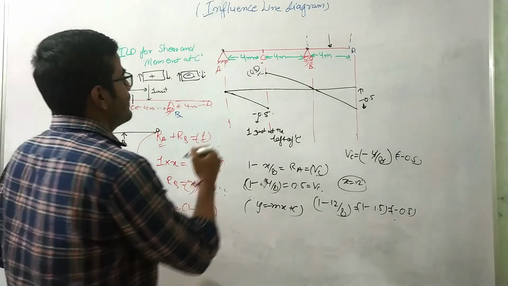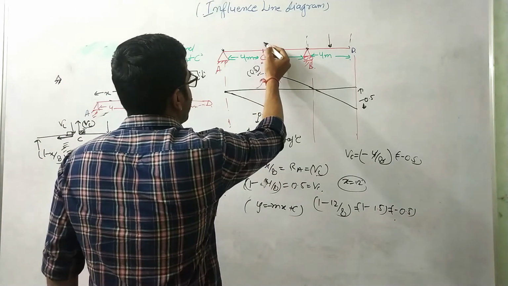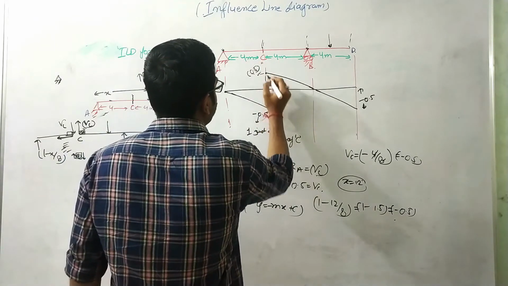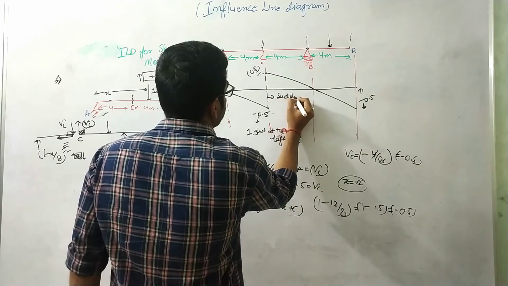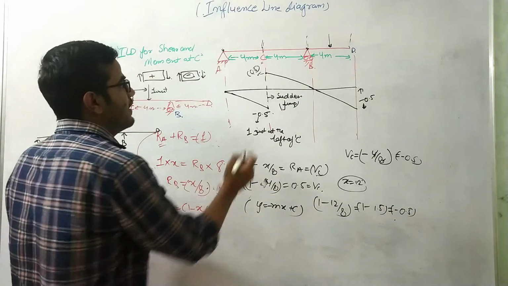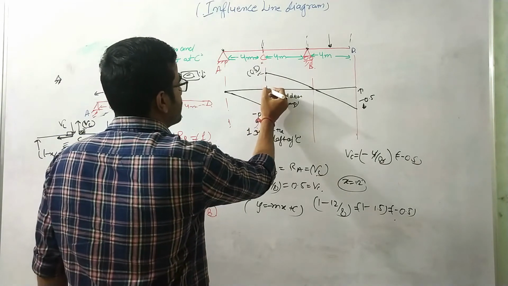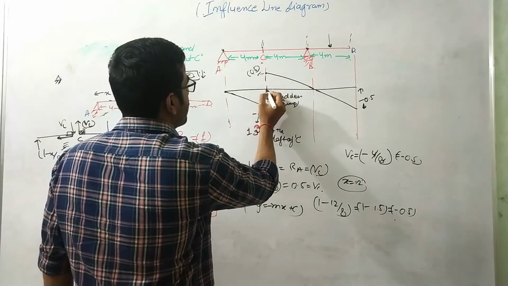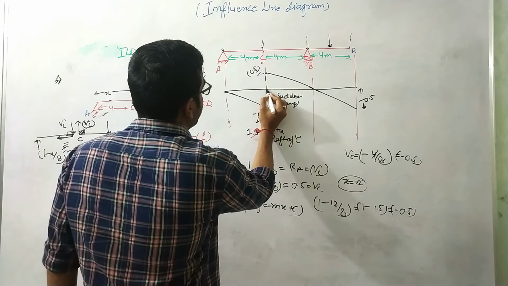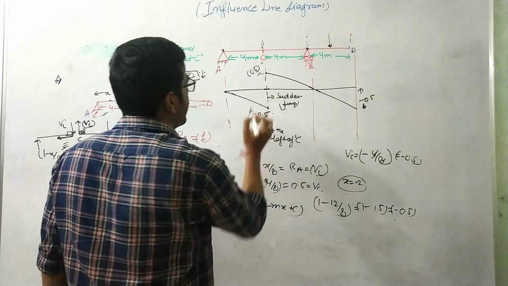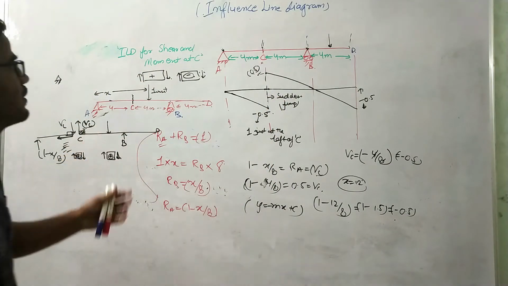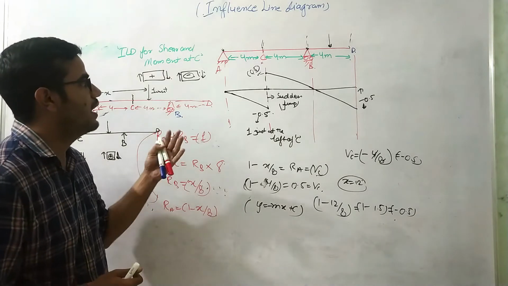So when the unit load is acting at C, the shear force diagram takes a sudden jump. Okay, that's why the shear force is not defined at this location when the unit load is acting at this point. Why? Because I cannot tell what shear force is there. Either we need to take just left of section C or just right of section C, right? So this completes our ILD for the shear force.